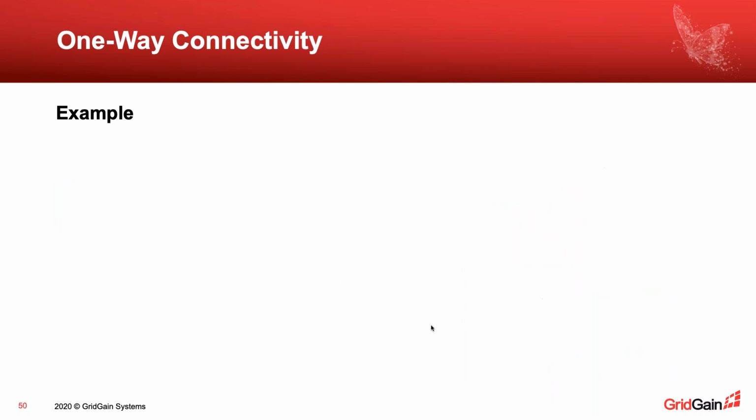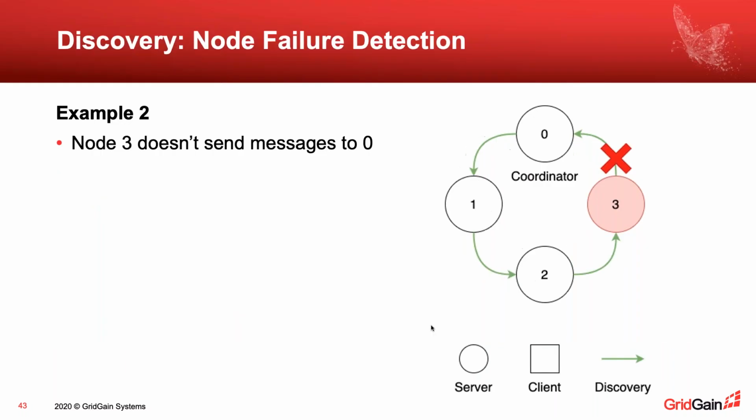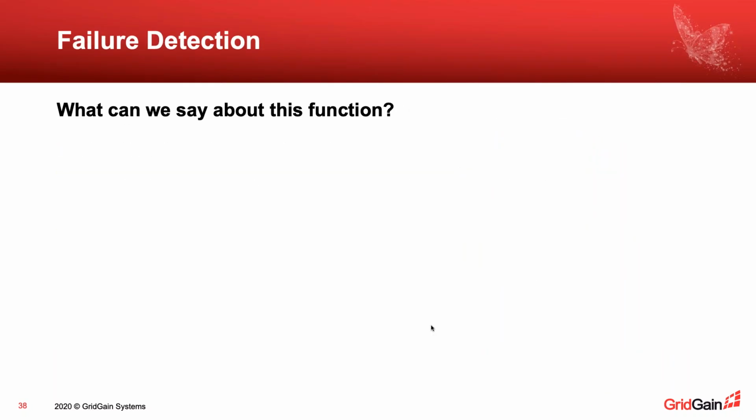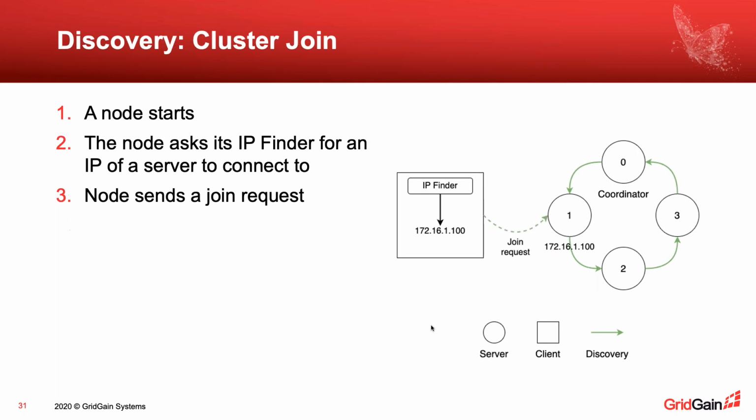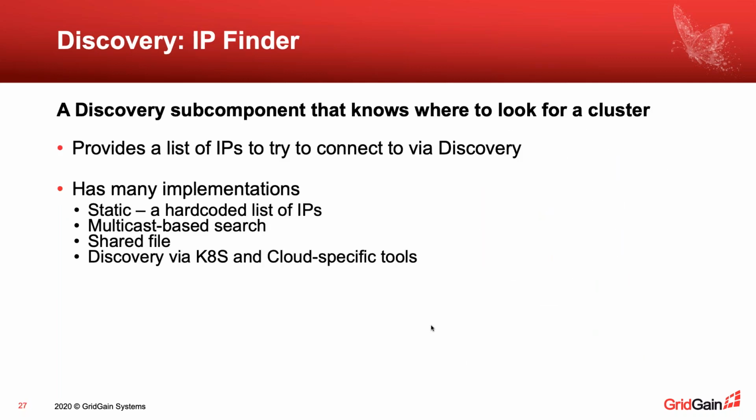And another thing is IP Finder, as I have mentioned. So let me just scroll a bit back. IP Finder can be pretty different. It has a lot of different implementations, exactly because different environments require different service discovery or different cluster discovery tools.